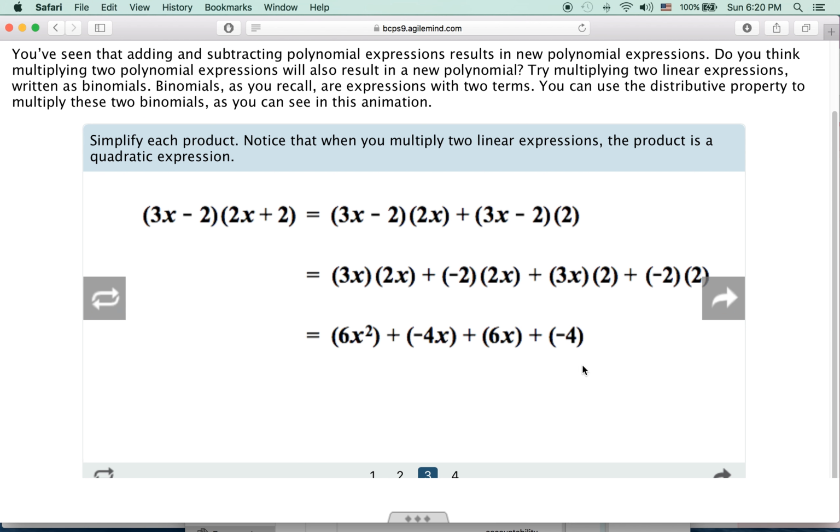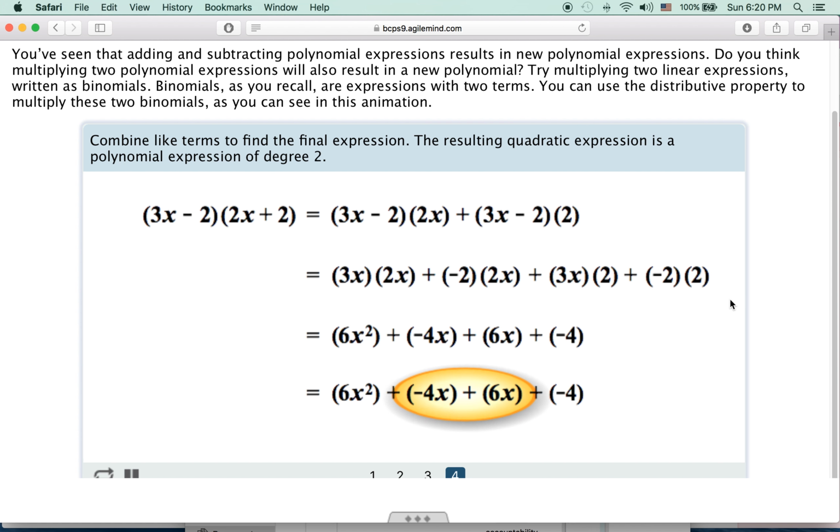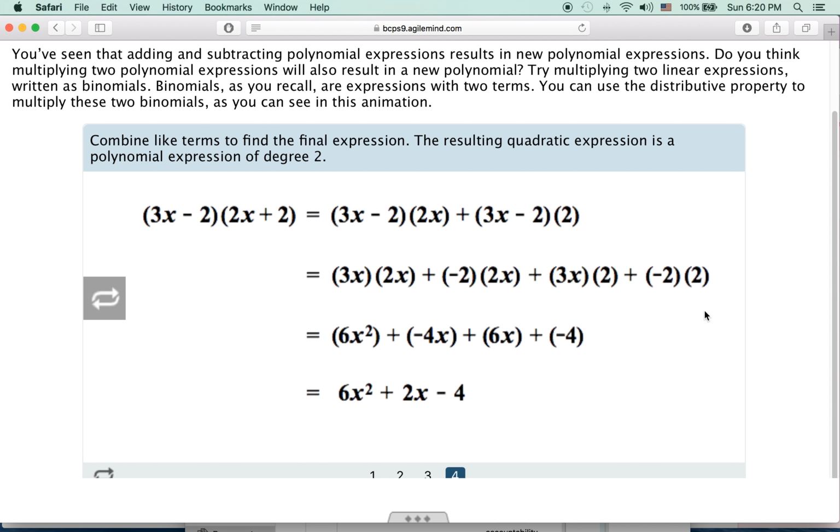Okay, now we've got some like terms. Minus 4x plus 6x. Well, we can put these together. Okay, so we multiplied these two polynomials.